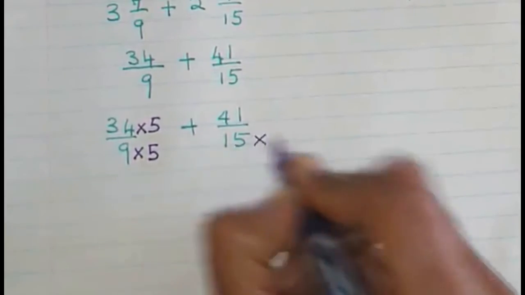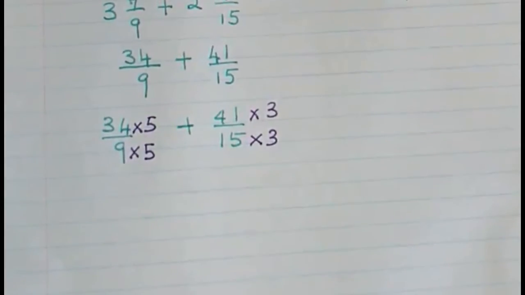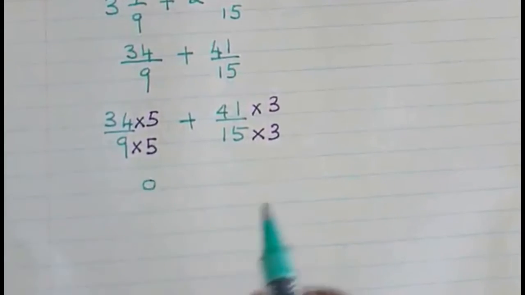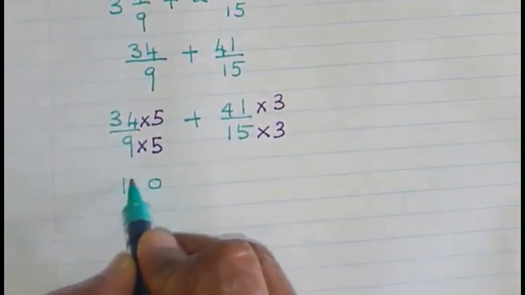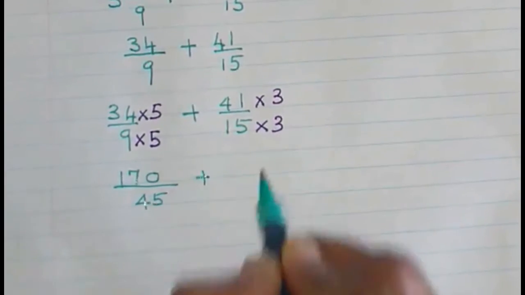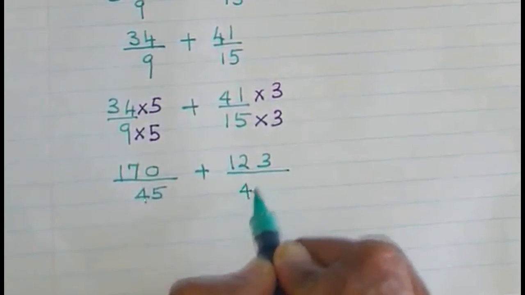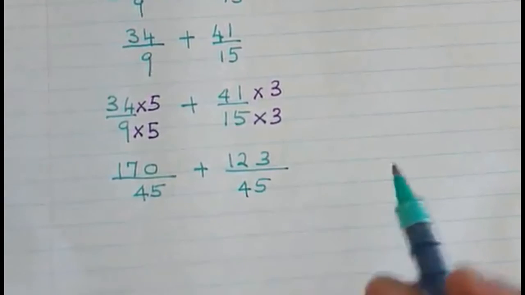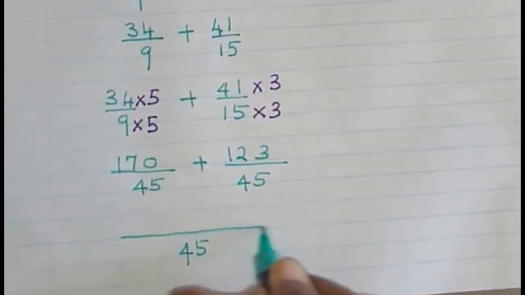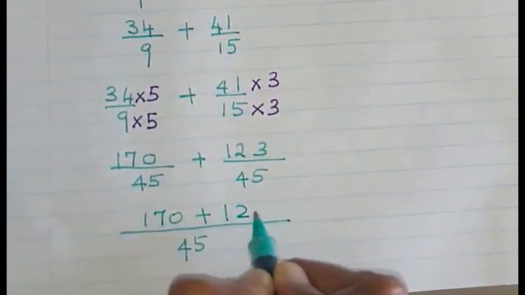And here, to make it 45, I have to multiply by 3. Let's do that. So that's going to give me 170 over 45. And that's going to give me 123 over 45. Now I have the common denominator, so the numerators are going to be added. Let's do that.